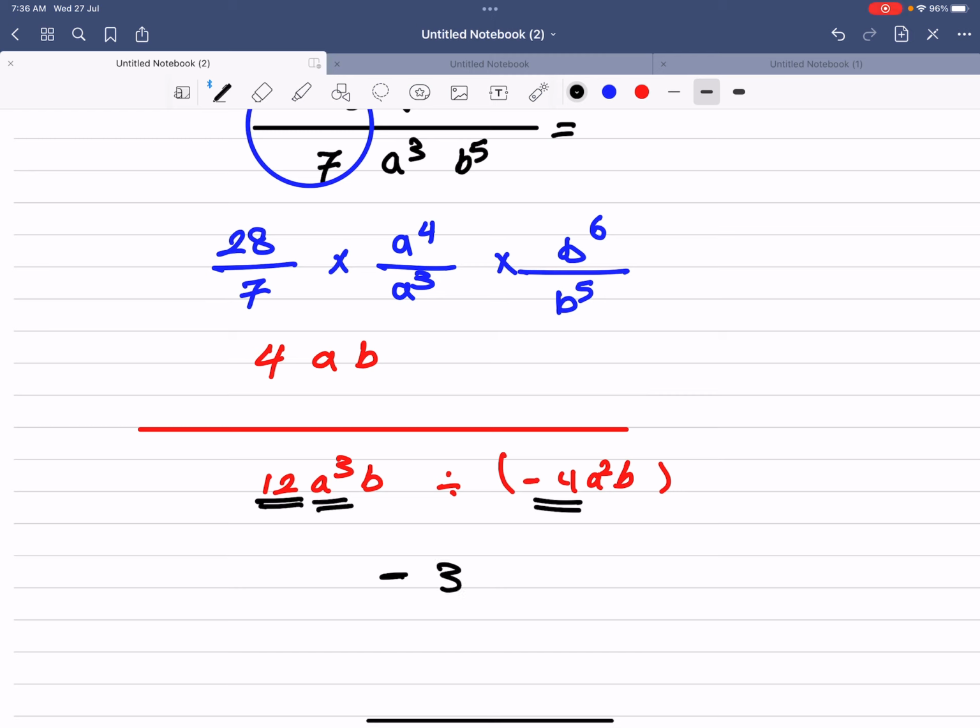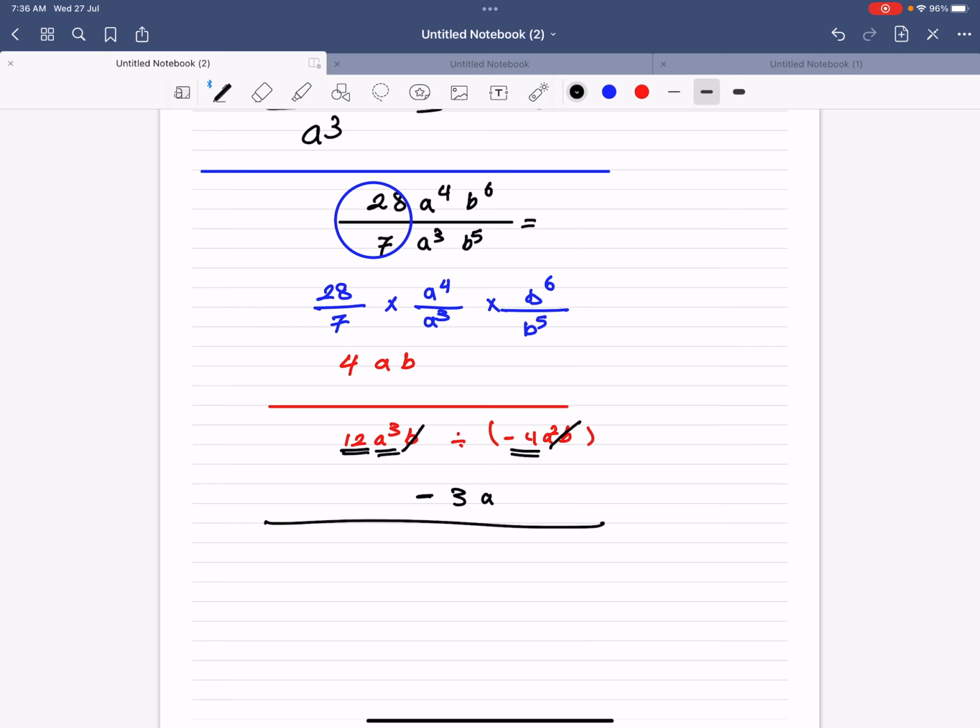Then a to the third power and a to the second power, you subtract, so it will be a to the power 1. What if we have b and b? They cancel each other out. Because you subtract, it becomes b to the power 0, and anything to the power 0 is 1, so we cancel them and don't write them.